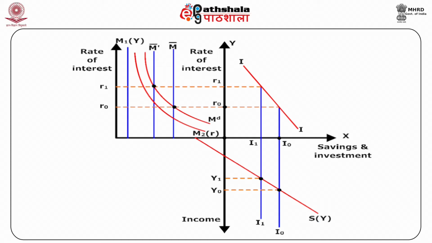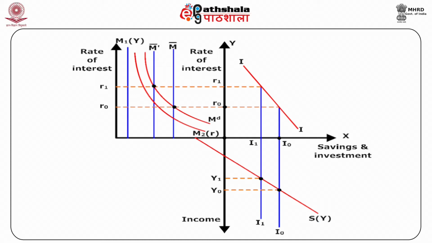When the given money supply is M bar and there is a given level of income Y1, or simply let us say Y in the economy, then the money demand M1 depends upon Y. For a given level of income, M1 is known, the money supply is M bar, and at this point we can notice that the rate of interest would be R0.